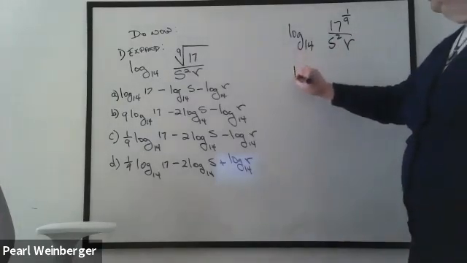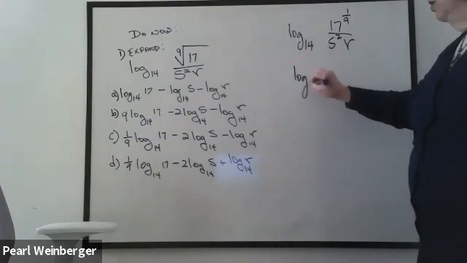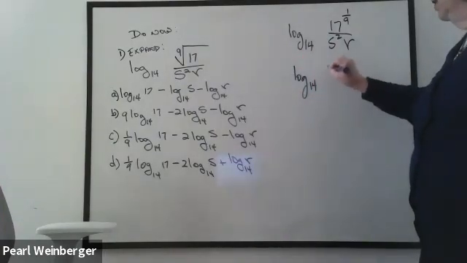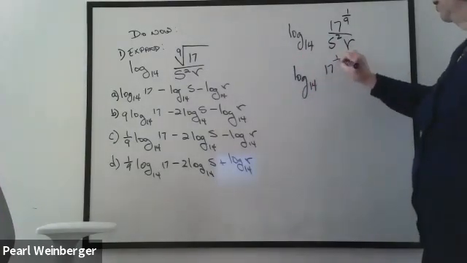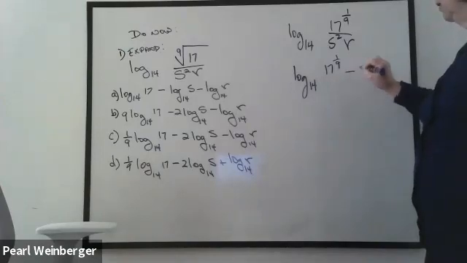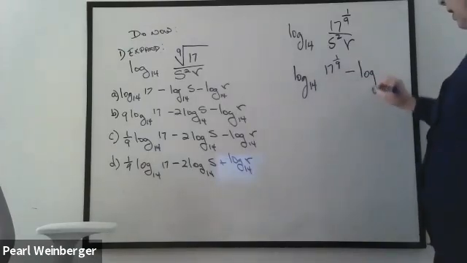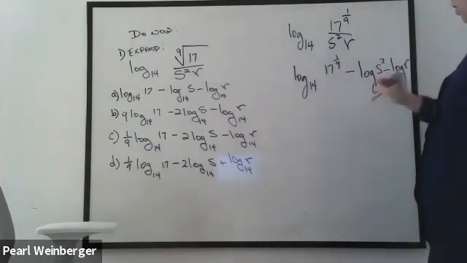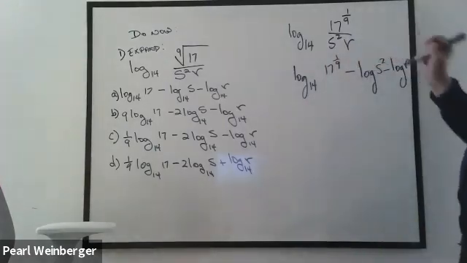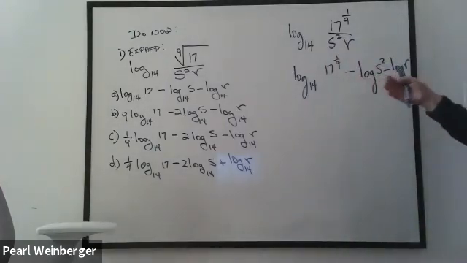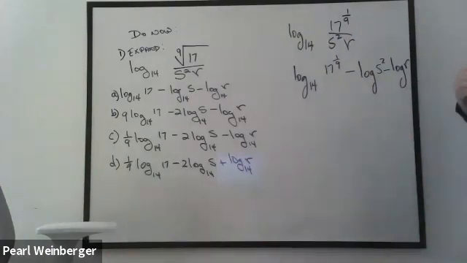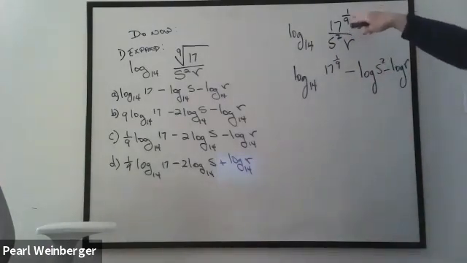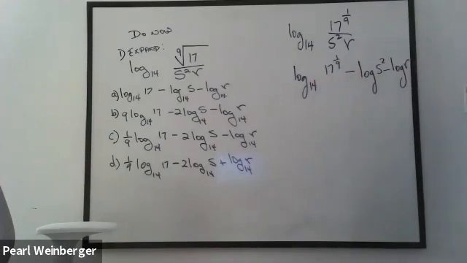So this is going to be the log base 14 of 17 to the 1/9 minus the log of s squared and minus the log of r. Notice, even though the s squared and the r are being multiplied, what's more important is that they're both in the denominators. The 17 to the 1/9 is being divided by both of them.